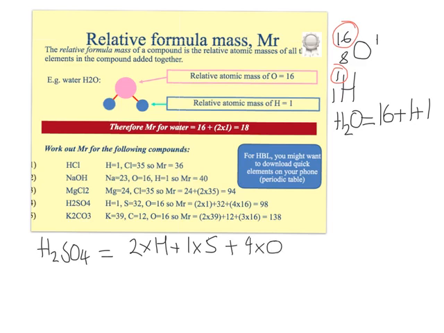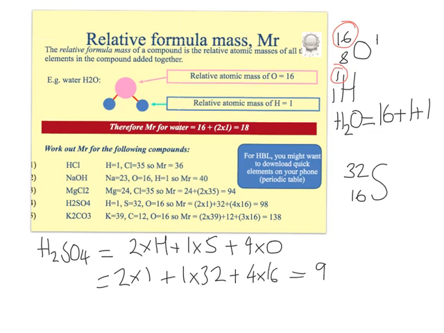We've already learnt that each oxygen weighs 16 and each hydrogen weighs 1. We do need to know what each sulfur weighs, which is 32. So our mass here is going to be 2 times 1 plus 1 times 32 plus 4 times 16, and that comes out at 98.